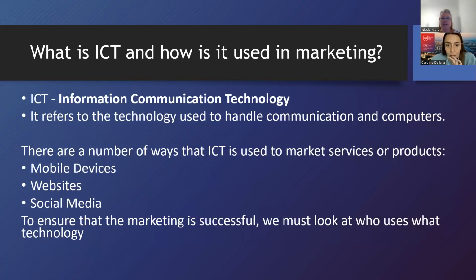So it refers to the technology used to handle communication and computers. We use this in many different ways to market our services or our products through mobile devices, websites, and social media. We want our marketing to be successful, so we must look at who uses which type of technology.